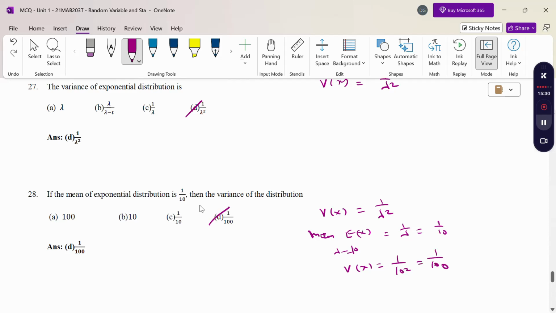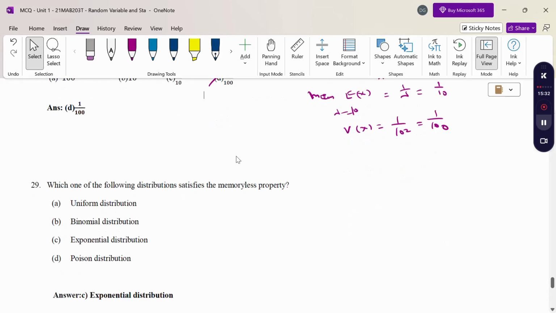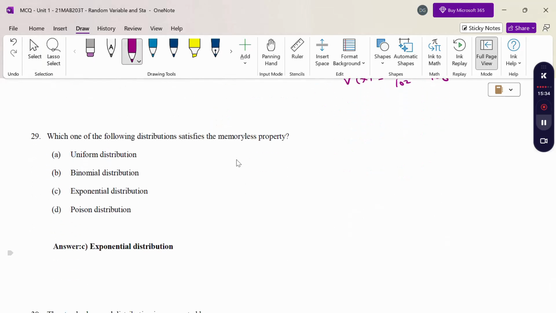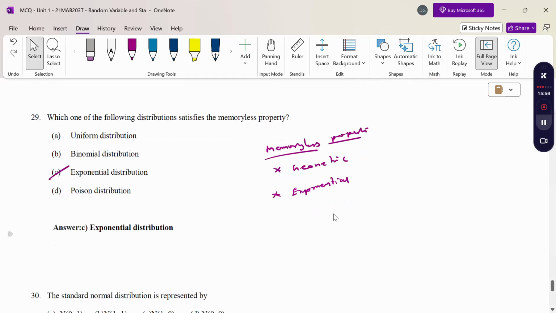The option is D, 1 by 100. Which one of the following distributions satisfies the memoryless property? The memoryless property is satisfied by two distributions, the geometric distribution and the exponential distribution. In these options we have only exponential, so option C is correct.